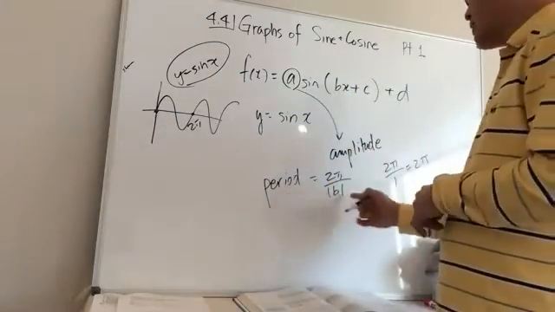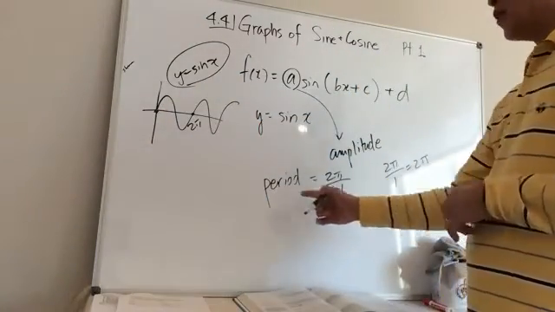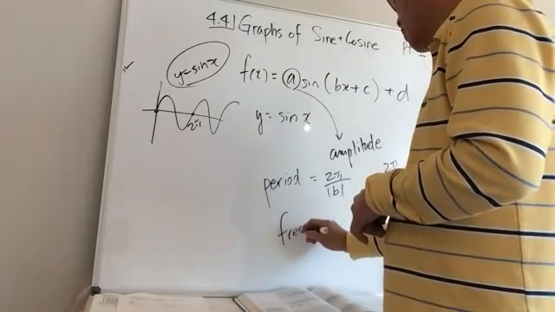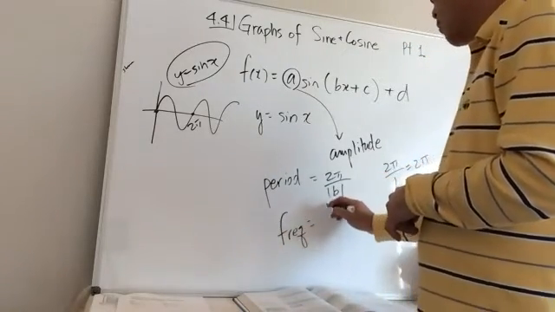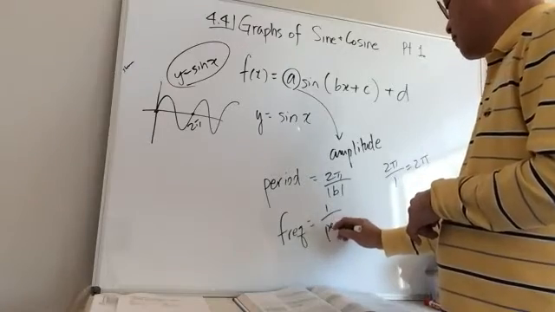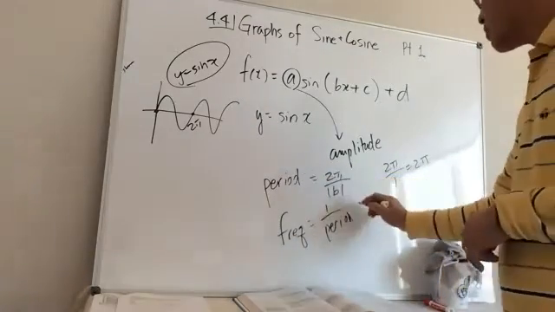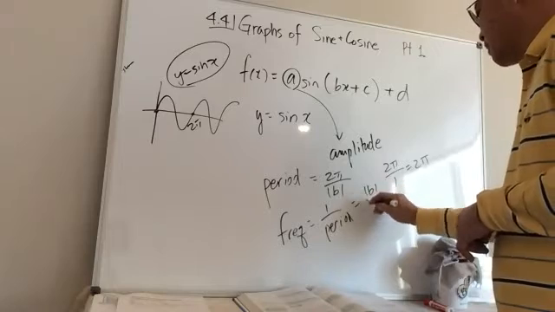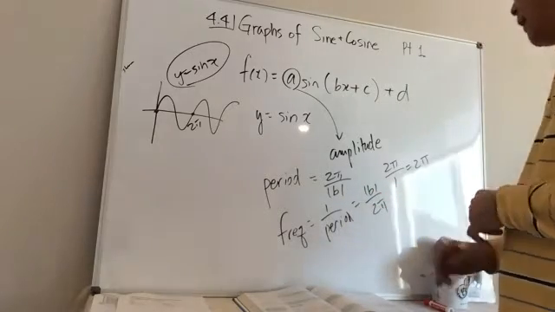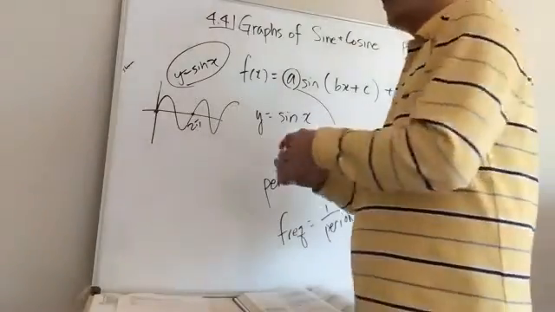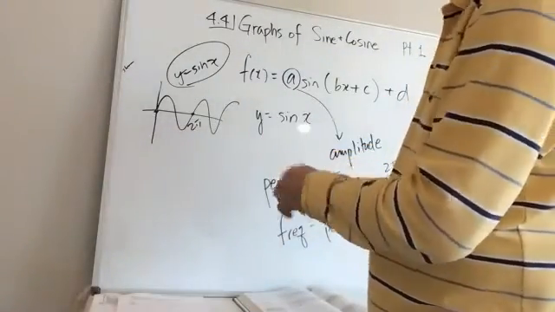So the period is this, okay? A frequency is nothing more than the reciprocal of the period, okay? So it's going to be basically b over 2 pi. So the period and the frequency are reciprocals of each other.